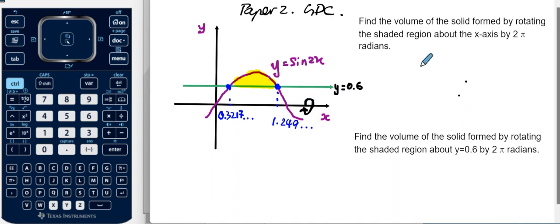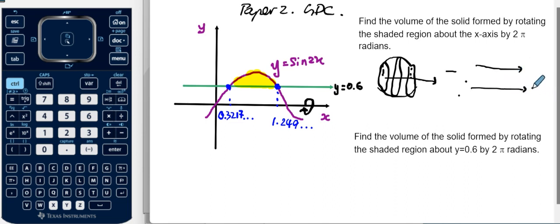And here you can think about first rotating this thing about the x-axis so that we get something like a ball. It looks like a ball with the ends cut off, and then minus this cylinder. This is my x, this is y equal to 0.6, and if you rotate it, you get a cylinder.